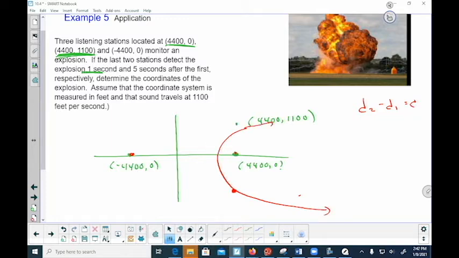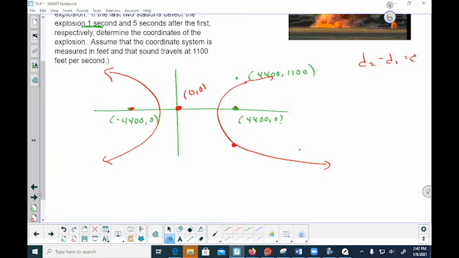Then I'm going to have negative 4,400, 0 and positive 4,400, 0 as my foci. Since they're my foci, my center has to be 0, 0, because that's an equal distance from both of them. That's the midpoint of negative 4,400 and positive 4,400.